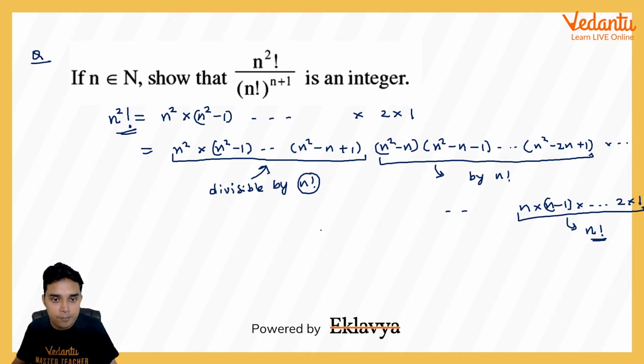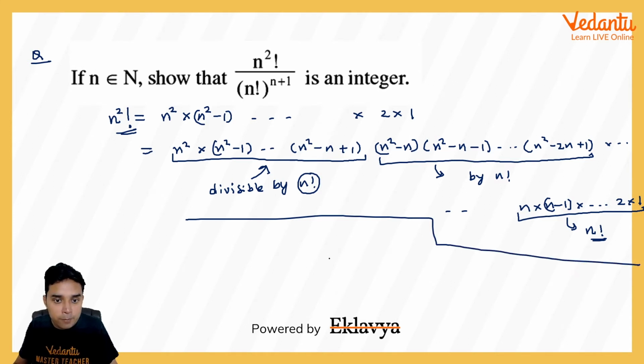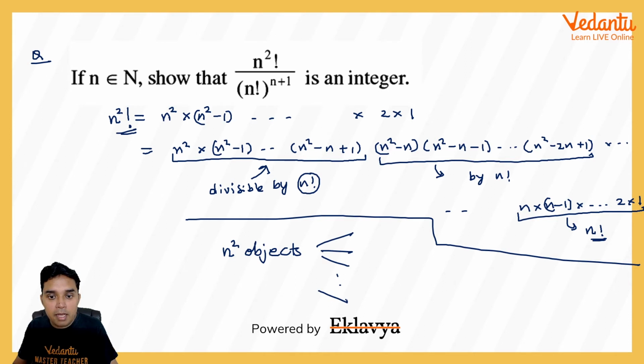So please understand what we will do. We will use the group formation theory. Assume there are n square objects, okay, and we want to break them into n groups, each of them having n objects.